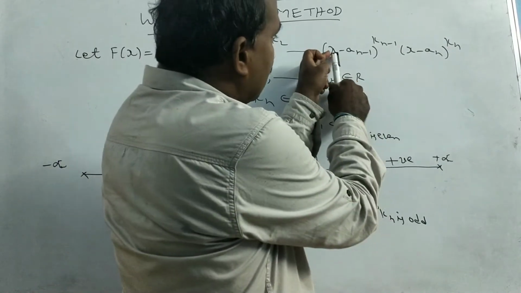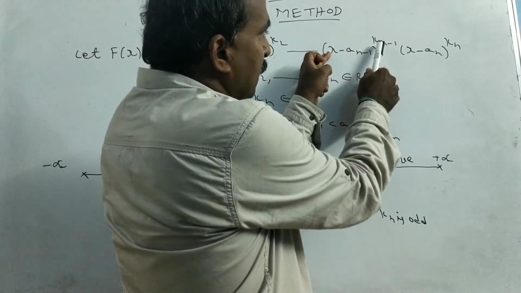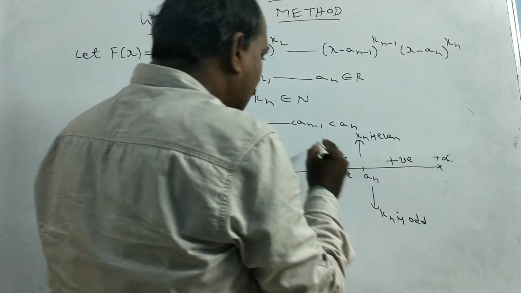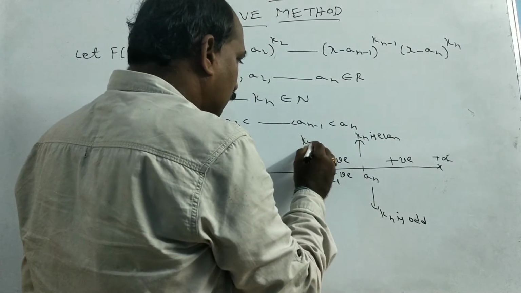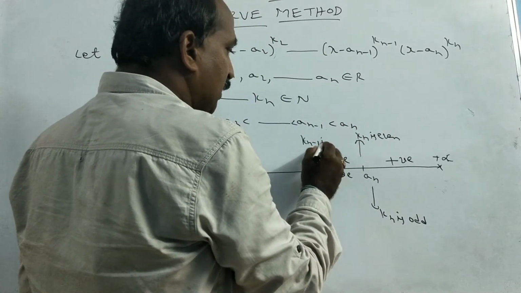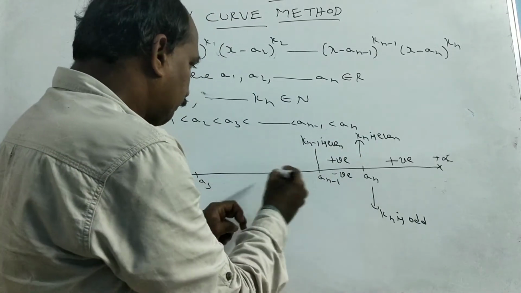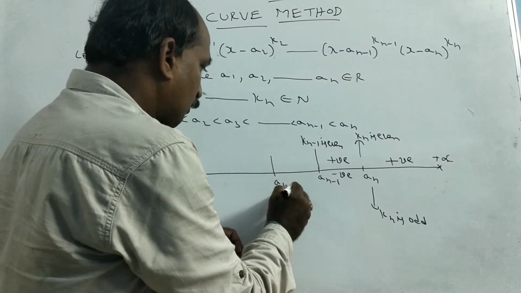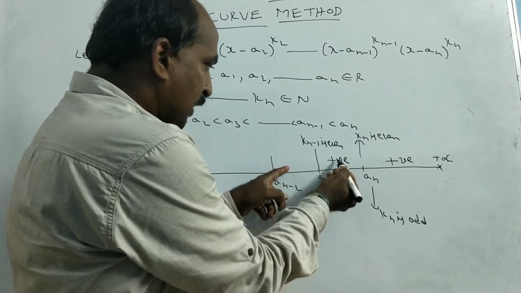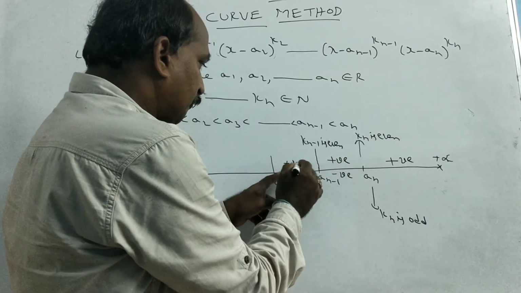Similarly, the next power, of x minus an minus 1, is kn minus 1. If kn minus 1 is even, then we take the same positive sign here.